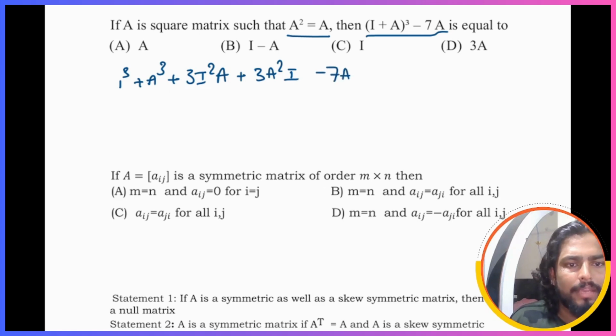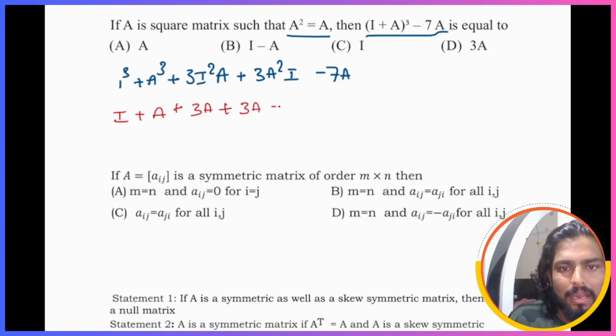So I cube is I only. Okay, this is I. This can be written as A square into A. A square is A, so A square once again becomes A. Okay, plus 3I square into A, so it becomes 3A. Next, 3A square means A, right? So it becomes 3A, then minus 7A. Okay, so what do we get here? I plus 3A plus 3A, that is 7A, isn't it, children?